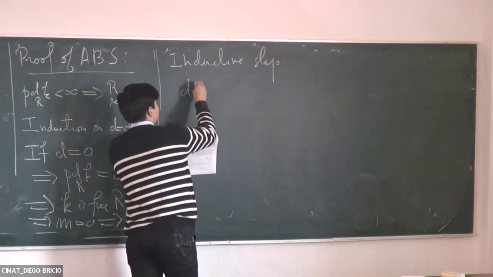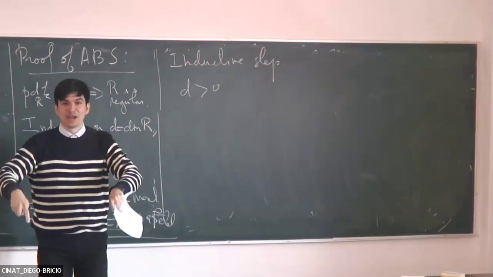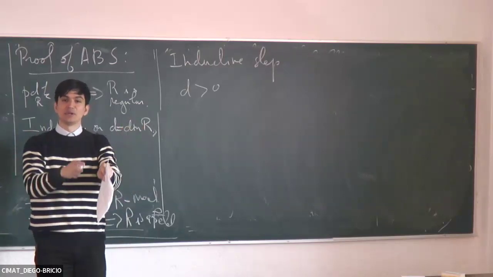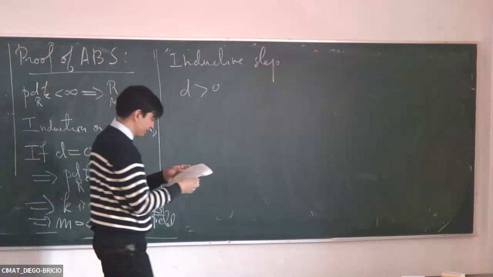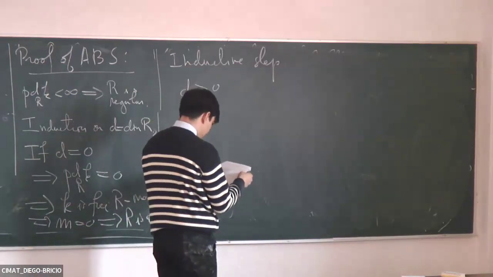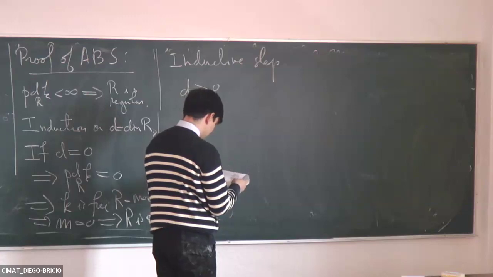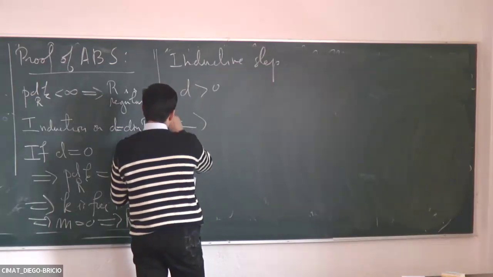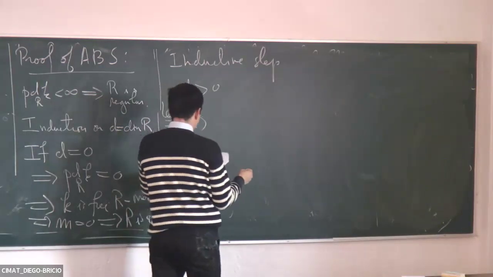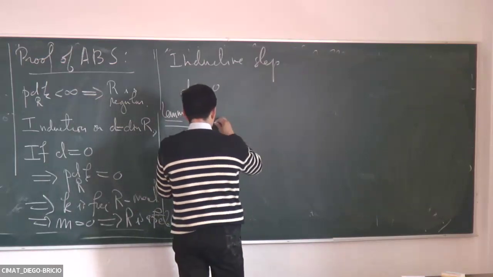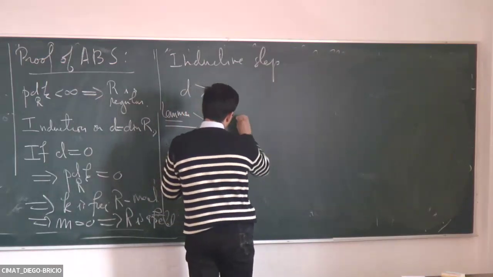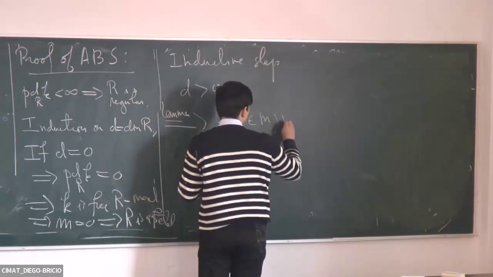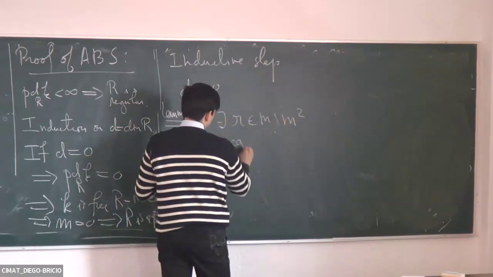So this means that I can assume that the dimension is positive, and therefore I can cook up a regular element that avoids m squared, right? So by the lemma, which is essentially prime avoidance, there exists a regular element that is part of a minimal set of generators of the maximal ideal. Regular element.